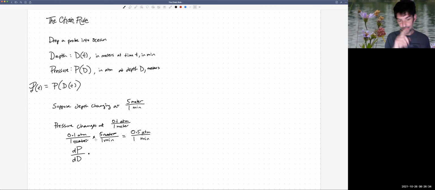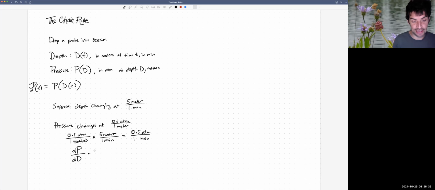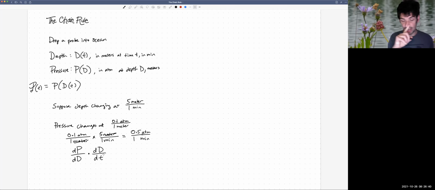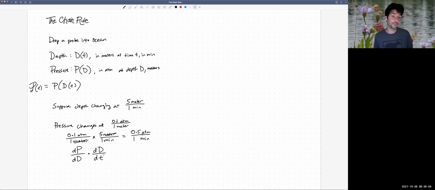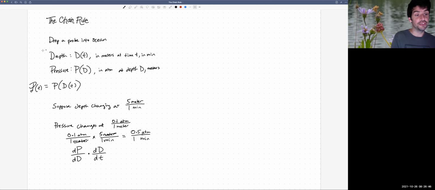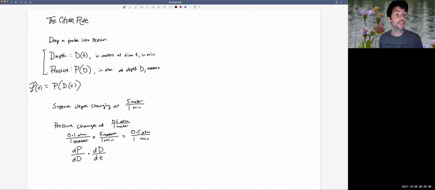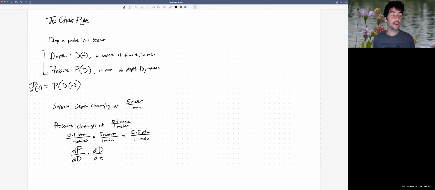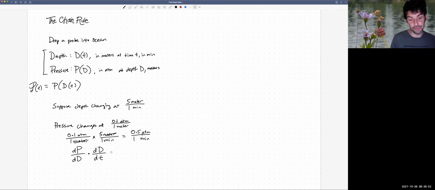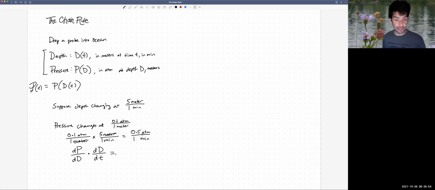This second part of our multiplication tells us how depth changes relative to time, right? In terms of derivatives, that's dD/dt, right? These are the derivatives of these two original functions with respect to their inputs, right?